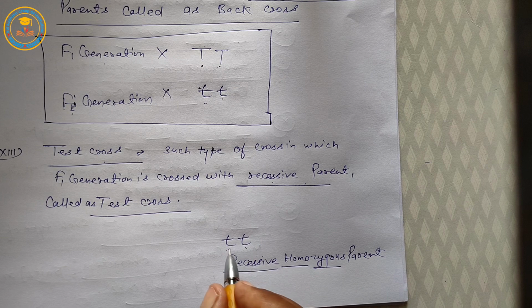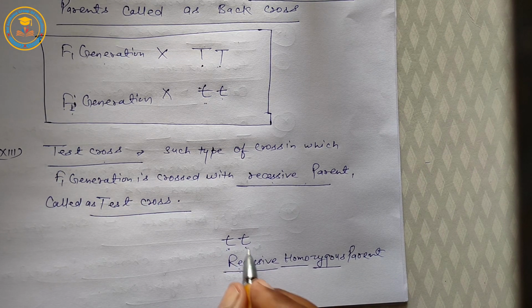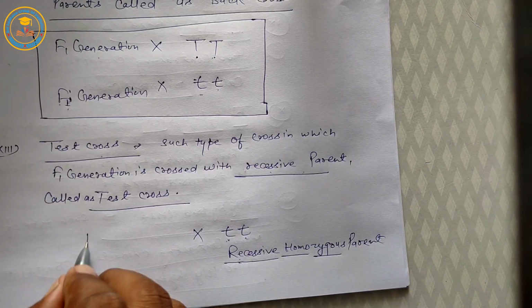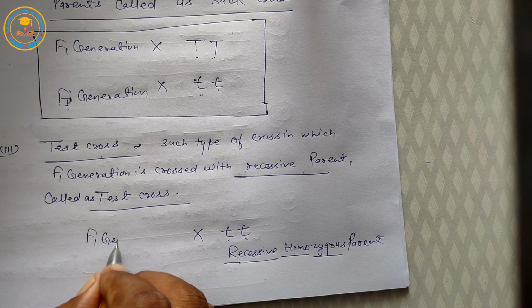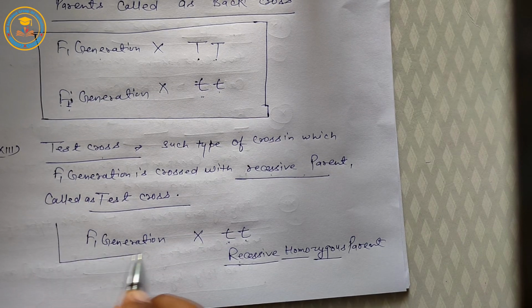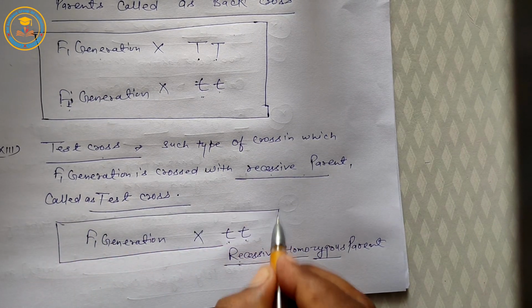According to Mendel, to show a recessive trait or character we use a small letter, so the recessive homozygous parent is crossed with the F1 generation. This cross is called test cross.